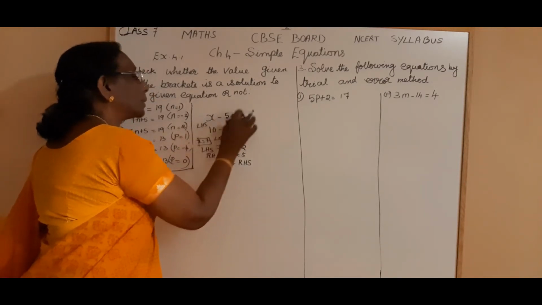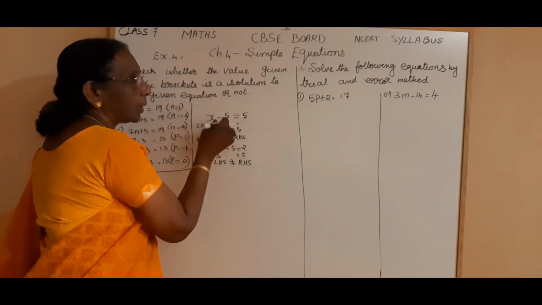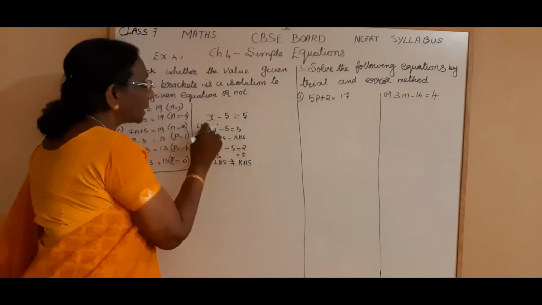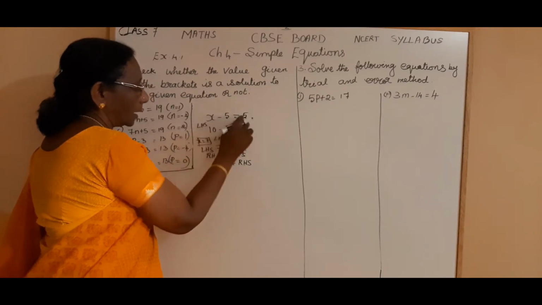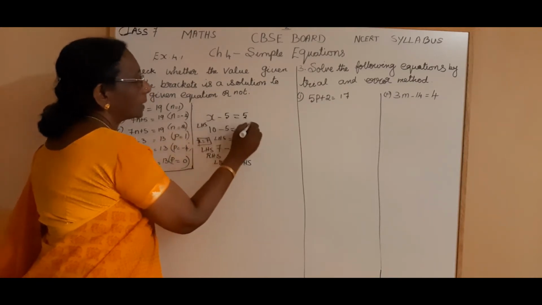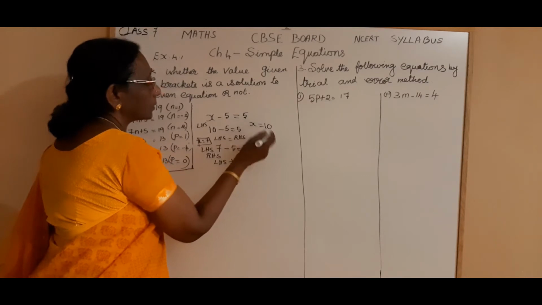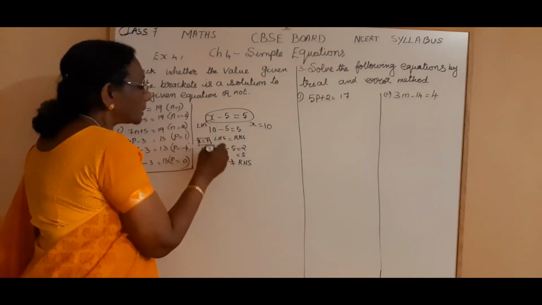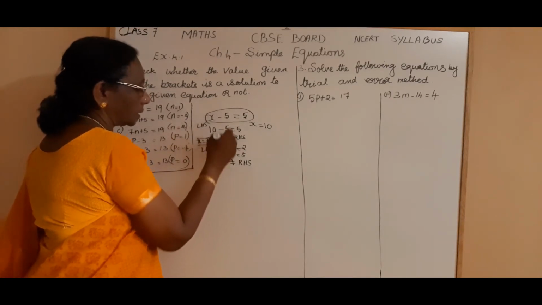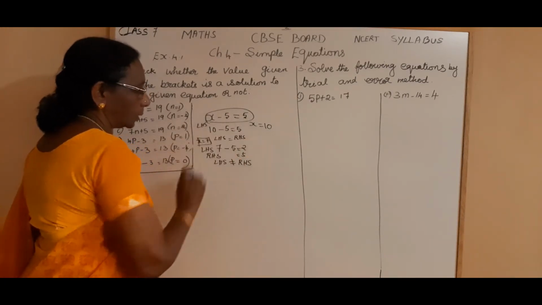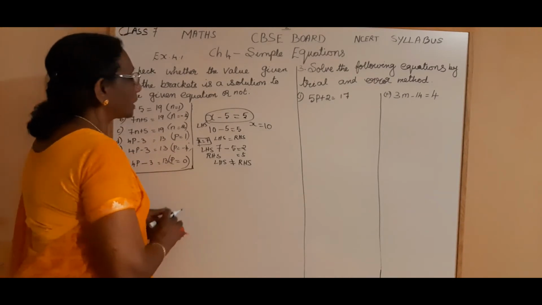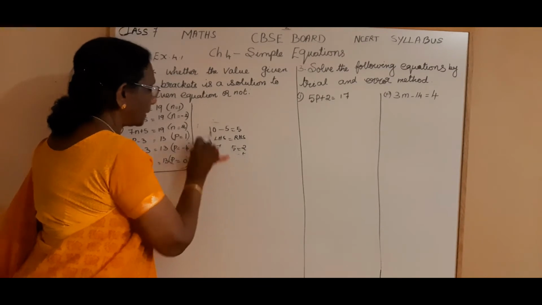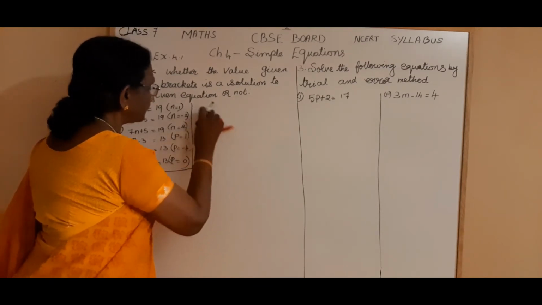Here 10 satisfies the equation, therefore x is equal to 10 is a solution of this particular equation. But 7 is not satisfying this equation, therefore 7 is not a solution of this equation. So satisfying means what? The value of the left hand side and the right hand side should be the same.